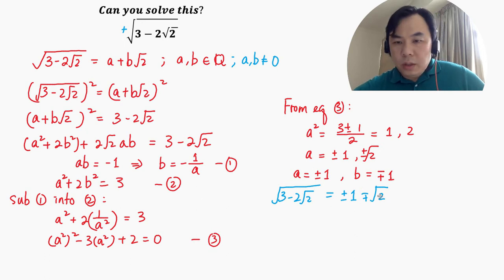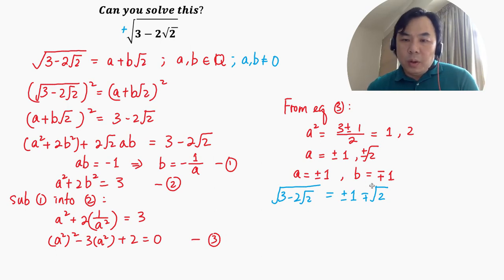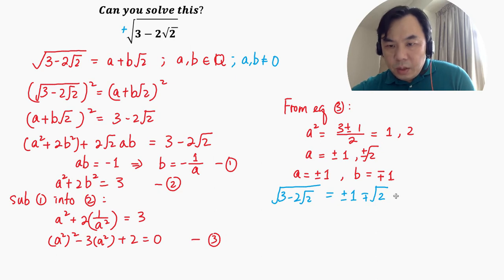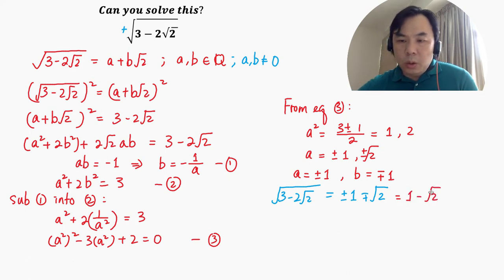The only choice that I can have to yield a positive numerical result would be 1 minus surd 2. That's the only one that would fulfill this positive numerical result on the left hand side. Just let me check for a while in case I make the wrong selection.